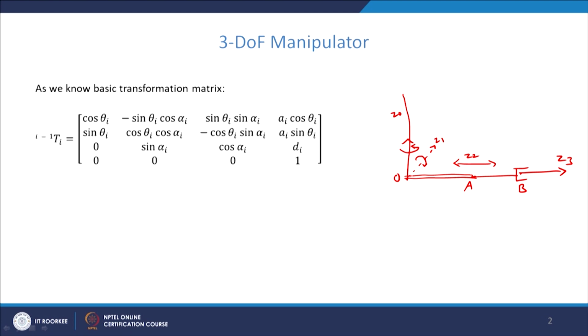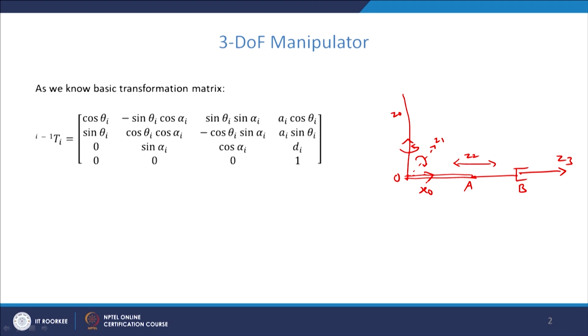Now, the X axis can be fixed by the following method. For the base Z0 axis, we can fix the X0 in this same direction and Y0 axis is fixed according to the right hand rule system.